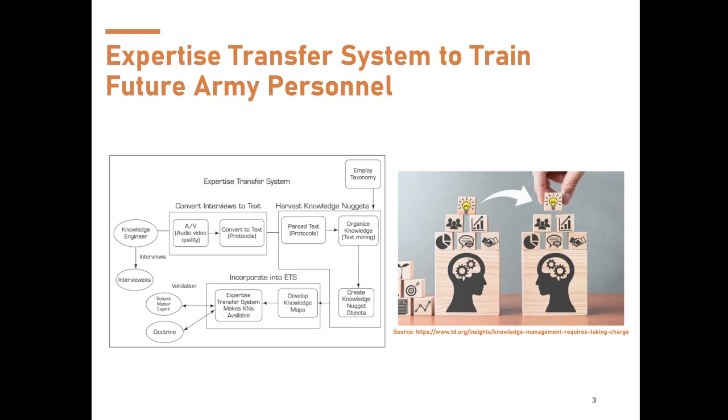Once the interviews are recorded, the ETS process really begins. The digital audio video files are then converted into text, which was done by human transcribers back in the days. Now they use voice recognition technology.